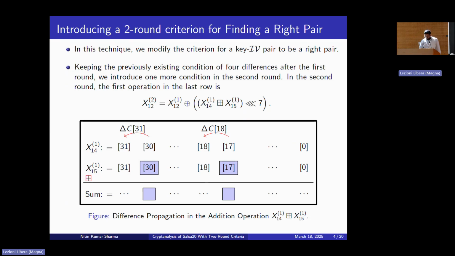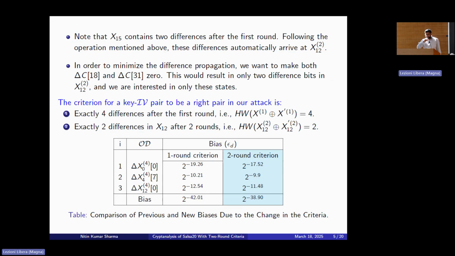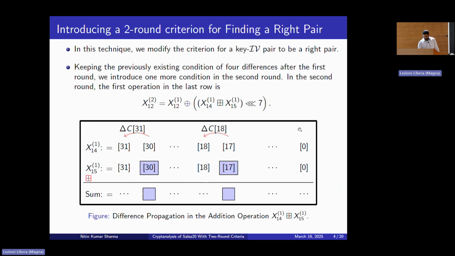Earlier, after completion of 1 round, we used to look only for 4 differences after 1 round. What we have done: we know that the difference is in X15, the 2 differences.